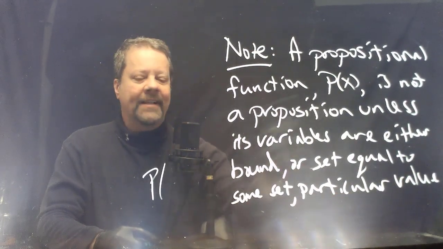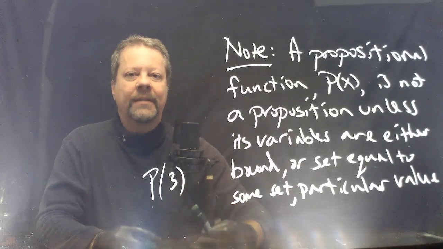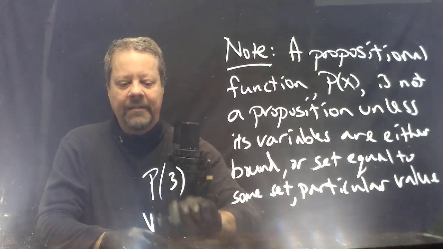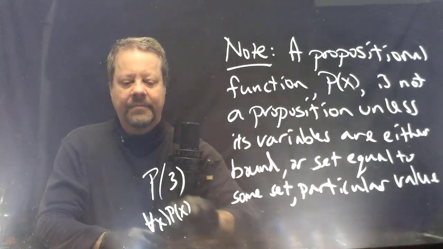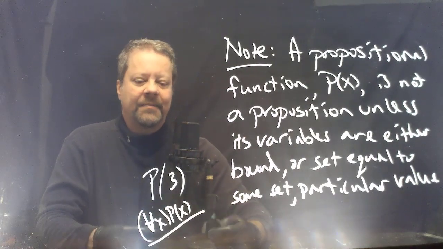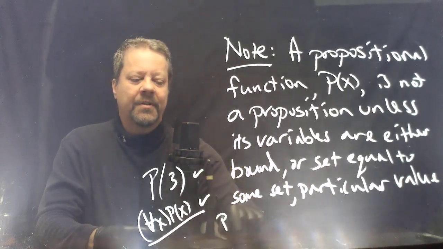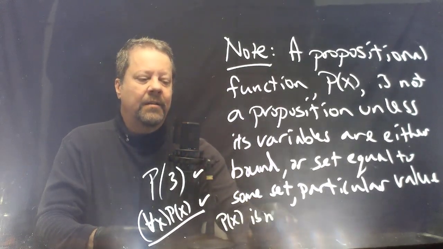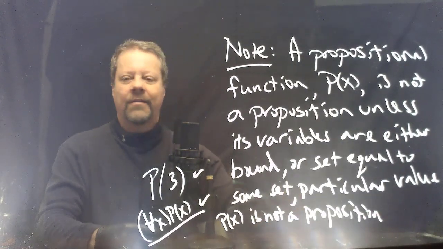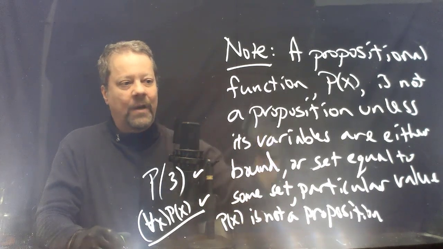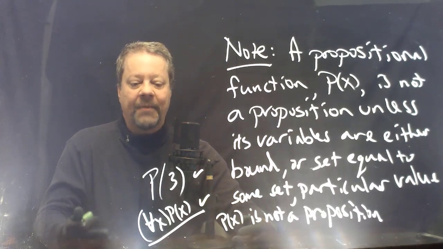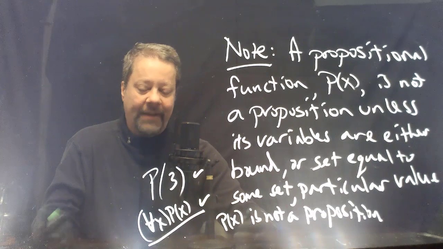So while P of x won't be a proposition, P of 3 would be a proposition. It's either true or false. But if I write for all x, P of x, that would be a proposition. I'm saying it's going to be true for all x. So these are propositions. P of x is not a proposition. If you have a variable that doesn't have some quantification applied to it, then you don't really have a proposition at all. The statement won't necessarily take only the truth values, true or false.